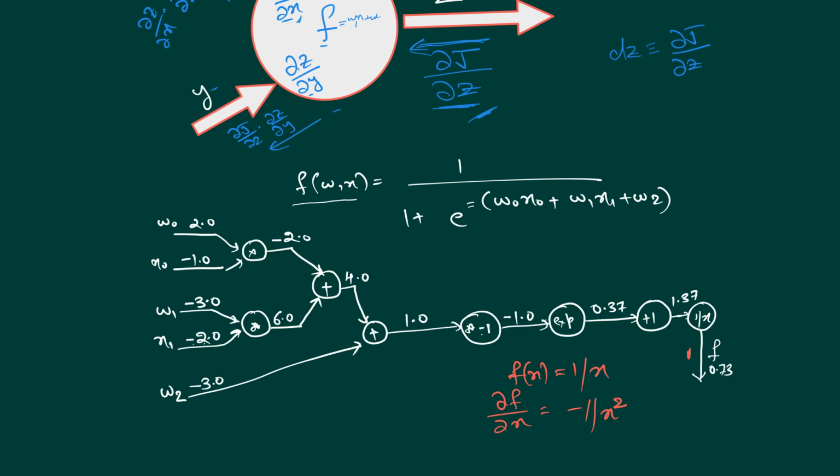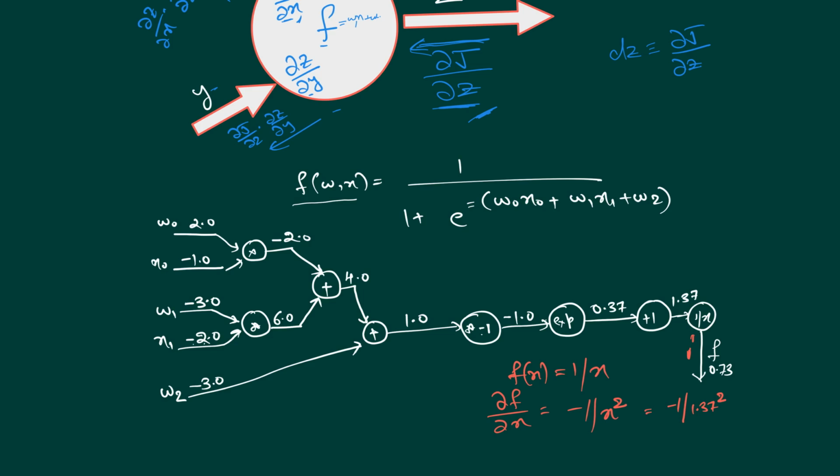Okay, del f by del x is minus 1 by x squared. The value of x is 1.37. So what we are going to be calculating is minus 1 divided by 1.37 squared. Okay, and that multiplied by what the gradient flow in this direction, which is 1 at this point, is going to be the gradient here.